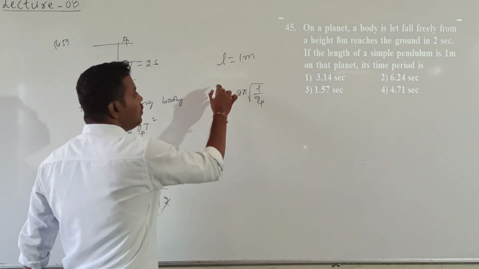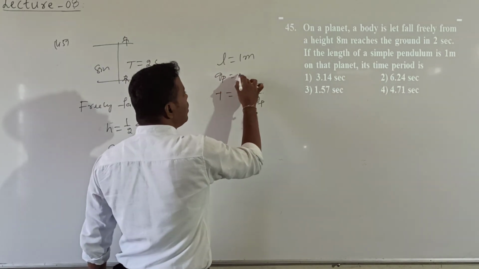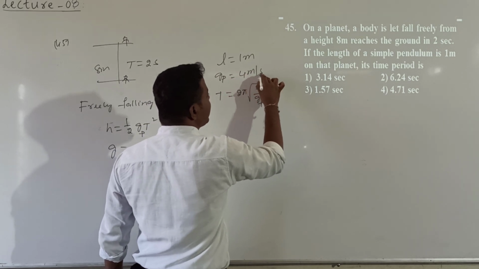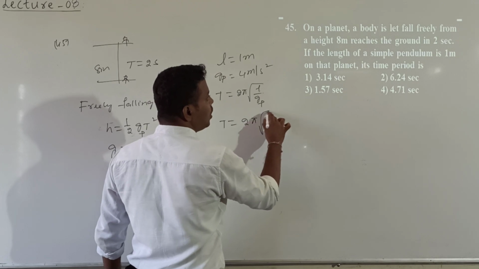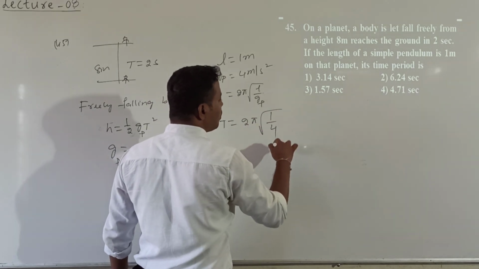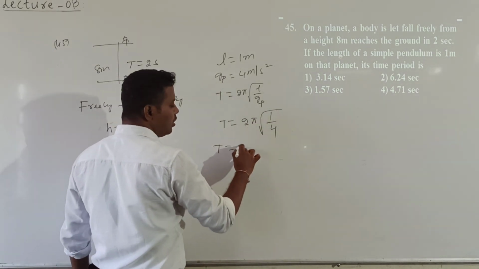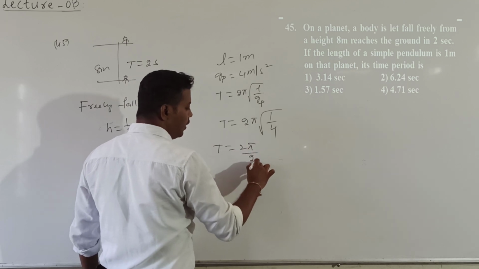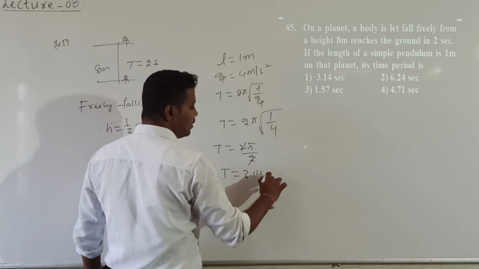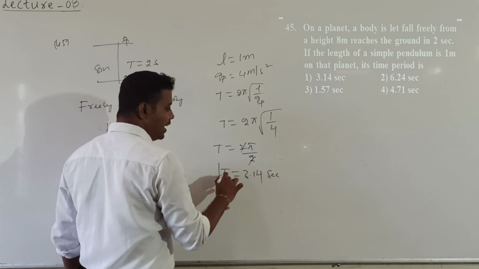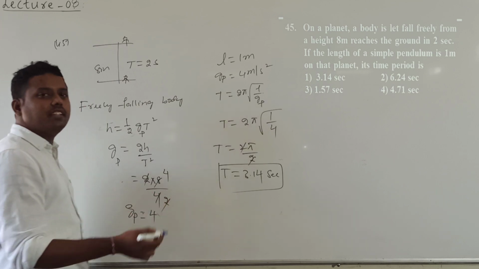When Gp is equal to 4 meter per second square, and L value is equal to 1 meter, T is given by 2 pi into root over 1 divided by 4. So T is equal to 2 pi root of 1 by 4, which is 1 by 2. T value is 3.14 seconds. Question clear? Simple, nothing is there.